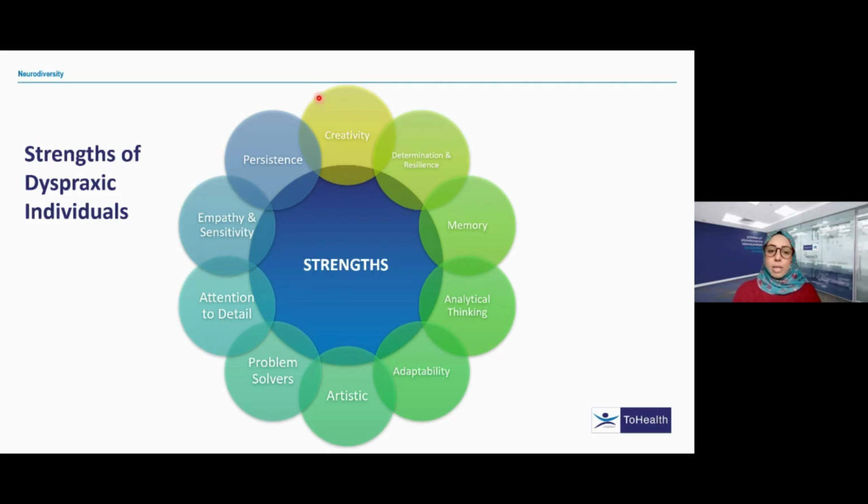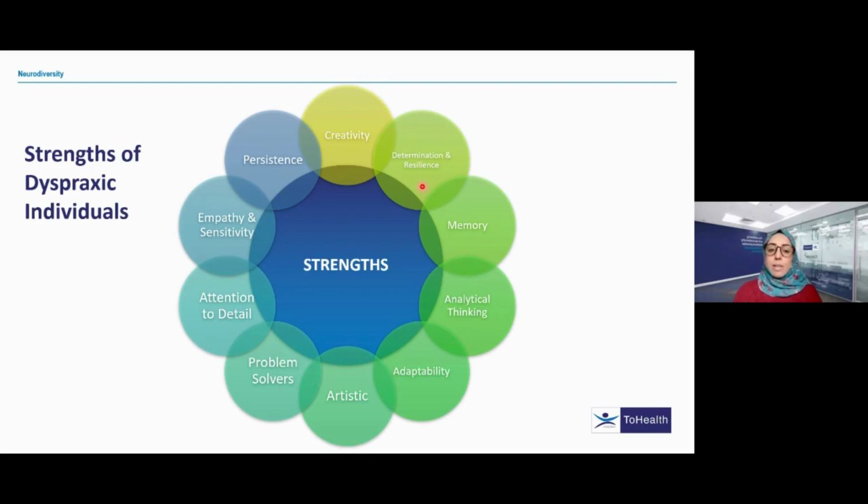So if we take a look at creativity, often people with dyspraxia exhibit high levels of creativity. They may excel in thinking outside of the box, problem solving, and coming up with innovative ideas. They can also demonstrate a sort of remarkable determination and resilience in the face of challenges. And that's because of the daily challenges that they do have to face.